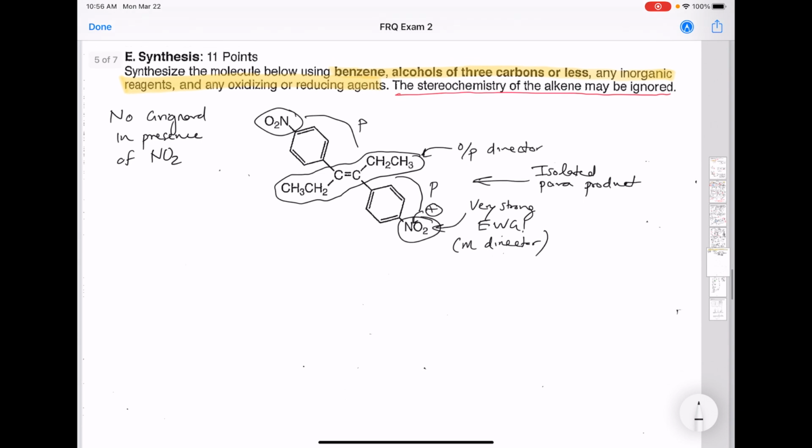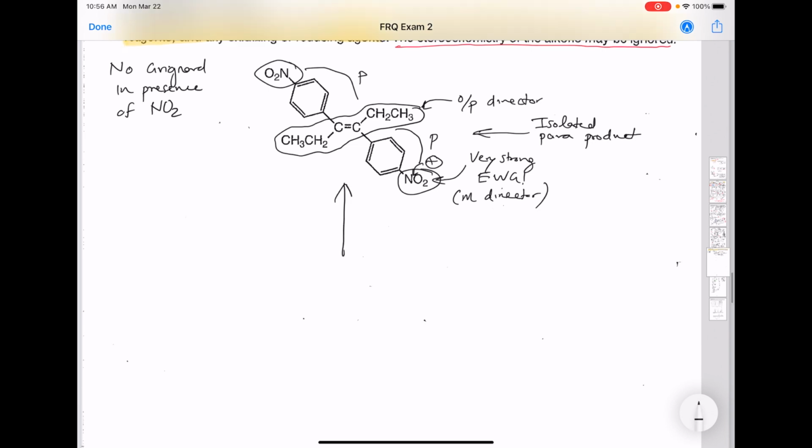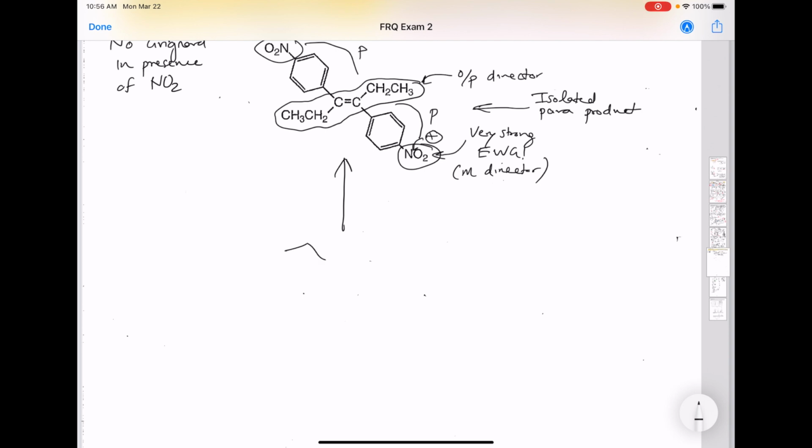So that means that if we go back retrosynthetically, we can consider a molecule where there is no NO2 group. So we go back one step and we've removed those NO2 groups retrosynthetically.